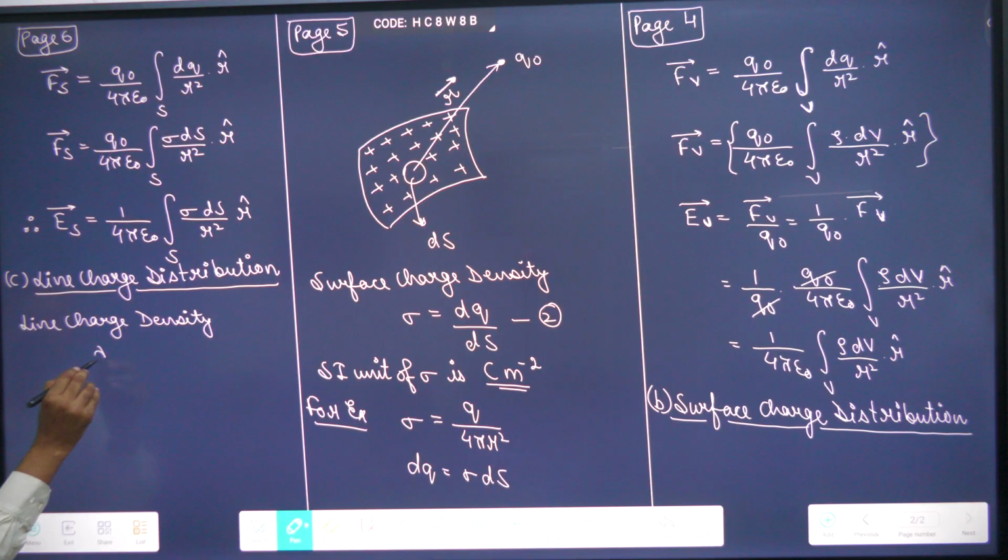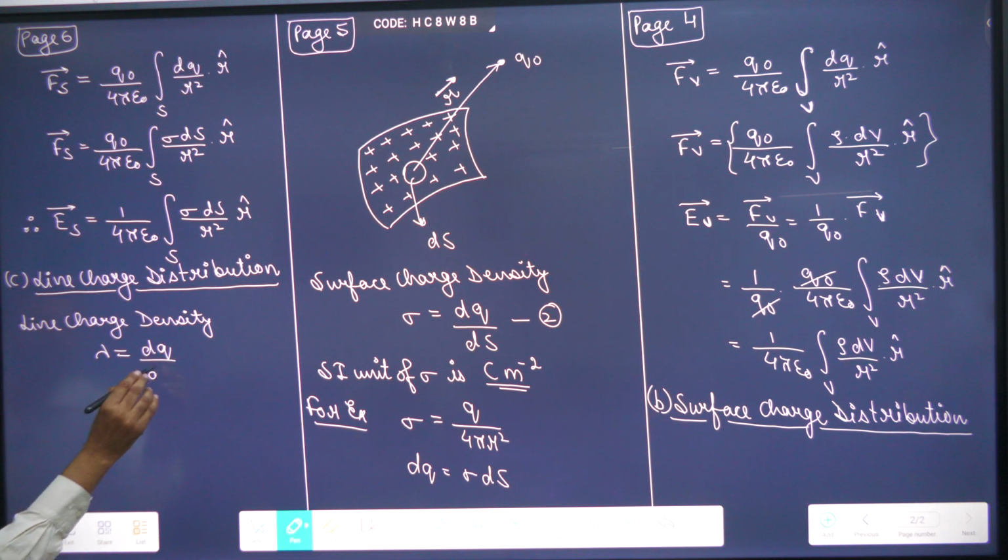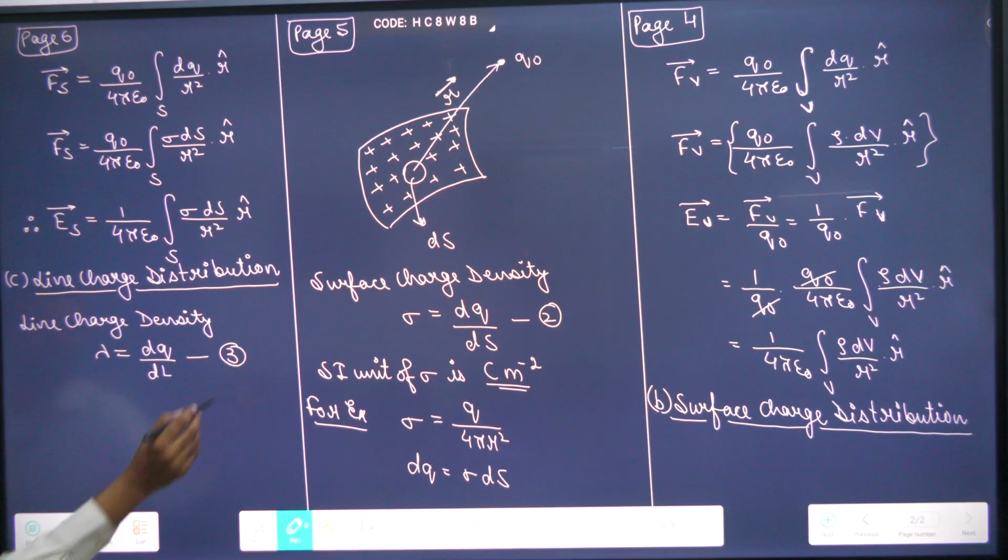So lambda is equal to dq upon dl. This is equation number 3.